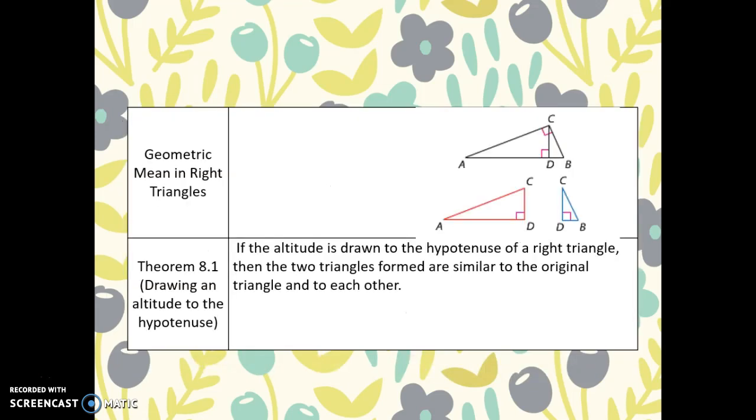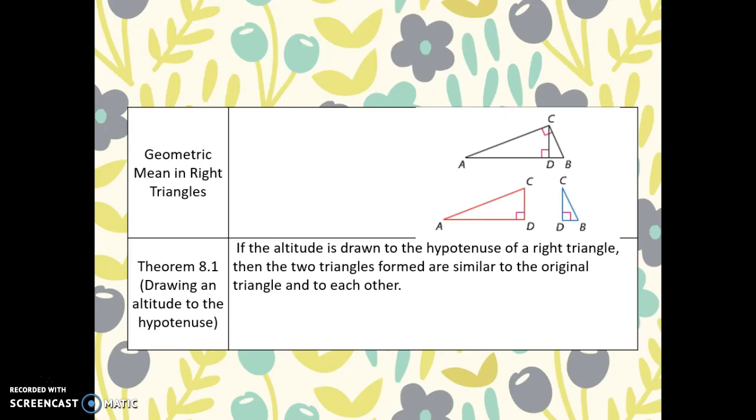If we draw the altitude from the right angle to the hypotenuse, then the two triangles that are formed are similar to the original triangle. So they're similar to each other and to the original triangle. Because they are similar, we're going to be able to set up proportions to solve for different sides.